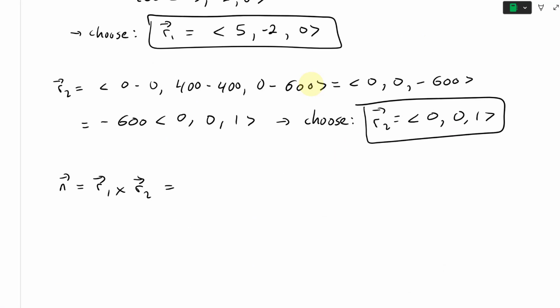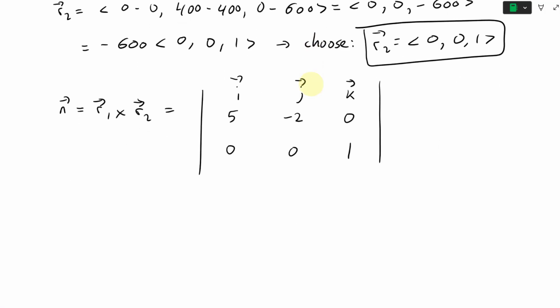Remember our cross product is going to be i, j, k, the unit vectors, or principal vectors, or whatever they're called. The first one is going to be 5, negative 2, 0, then 0, 0, 1. It's much easier than dealing with a 600, 1,000, etc. All right, so we have that.